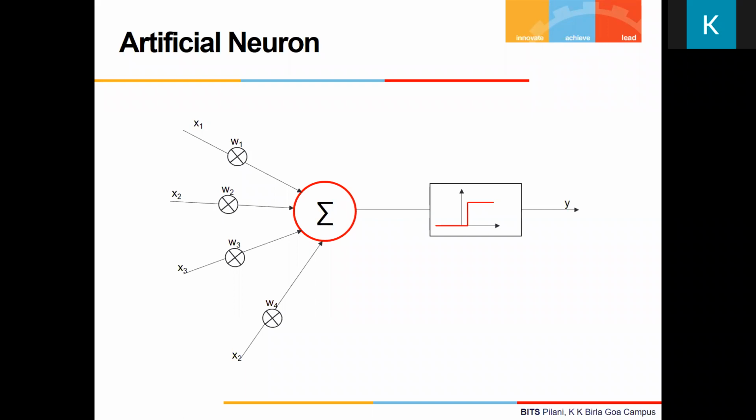Now, from the natural neuron, this sum should be above a certain threshold value. Only if it is above the threshold does the natural neuron release some chemical.